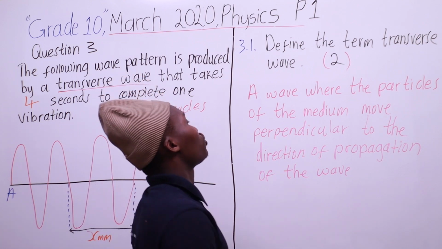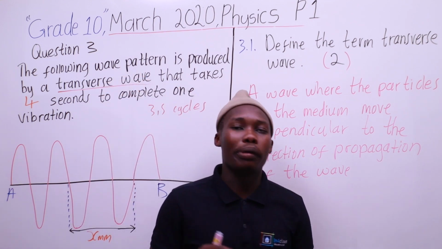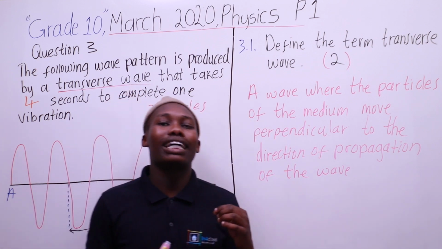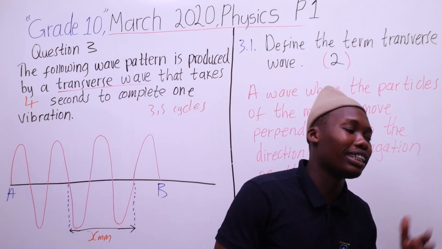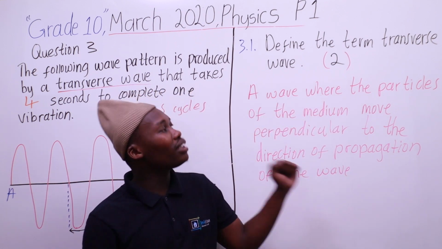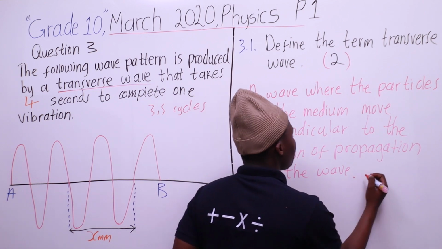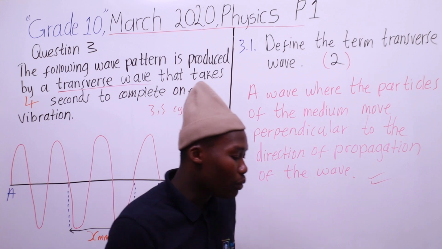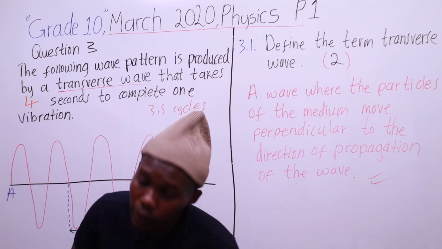So, a transverse wave is a wave whereby the particles of the medium move perpendicular to the direction of motion of the wave, or the direction of propagation of the wave. This is how you get the full 2 marks for defining a transverse wave.